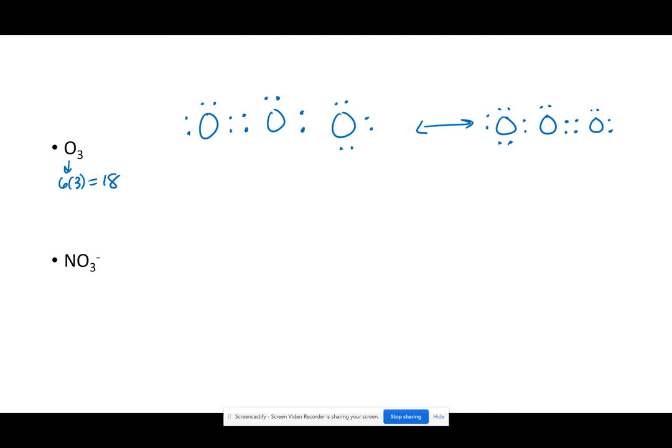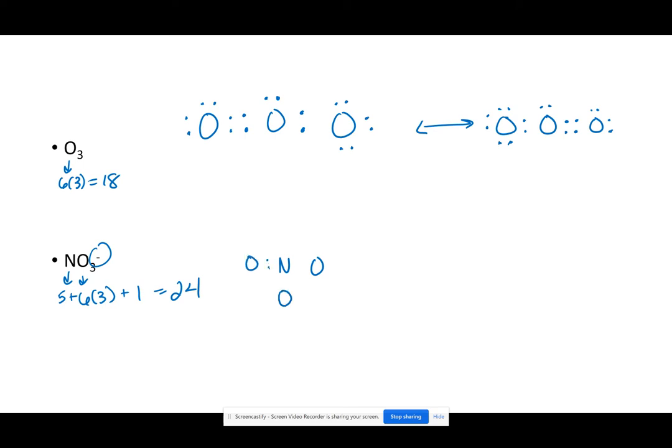So nitrate is also going to show resonance. Nitrogen has 5. Oxygen has 6 times 3. And then because of the negative charge, I'm going to add one more. So that's 24. Nitrogen's my central atom. Let me write this smaller because I'm going to have to draw 3.